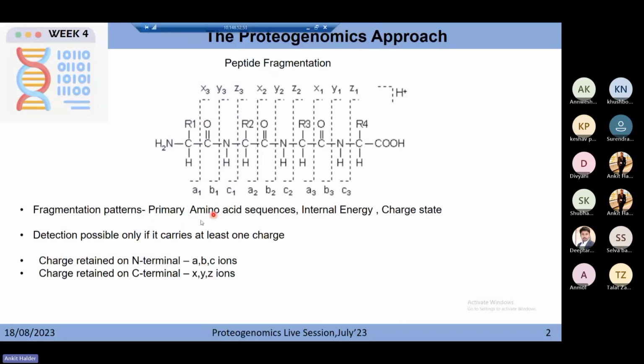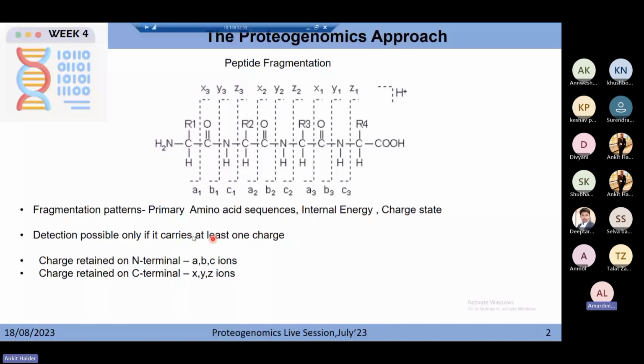So the primary amino acid sequence will have an effect on the fragmentation pattern, followed by the internal energy and the charge state. A peptide can be detected only if it carries at least one charge. Without a single charge it won't be detected.